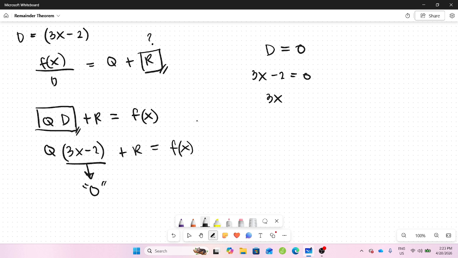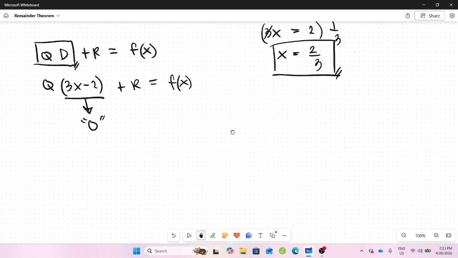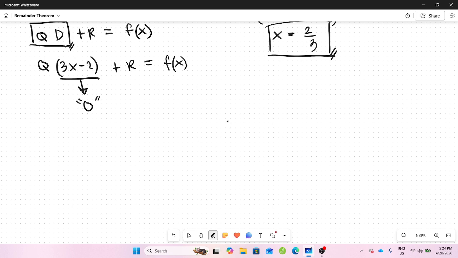So 3x, move negative 2 to the right side, this becomes positive 2. Then we divide both sides by 3. So we have x equals 2/3. So to make our divisor end up to 0, we have to substitute 2/3 to our x. Okay, so let us continue.